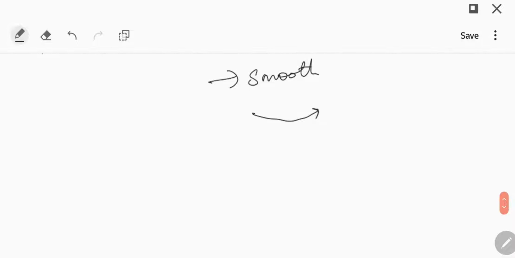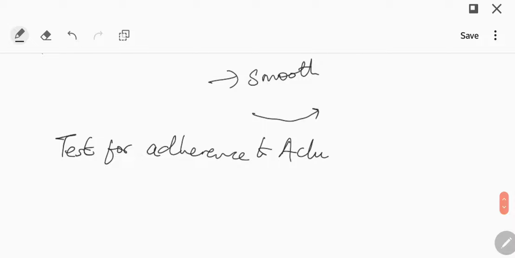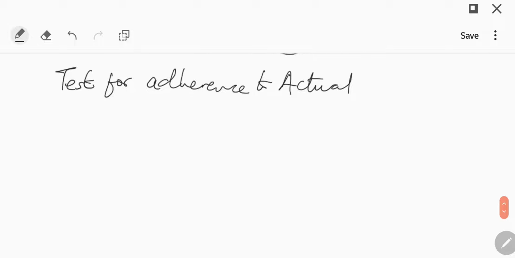The next thing we're going to look at is the test for adherence to actual. This is the second test, adherence to the actual data. The first one I'll look at is the standardized deviation.